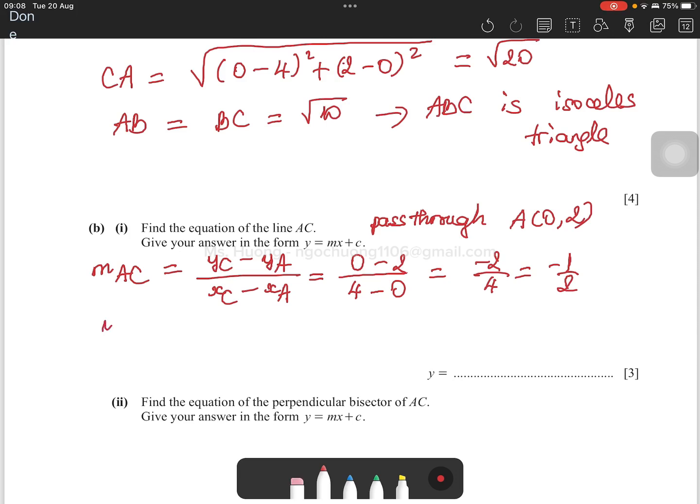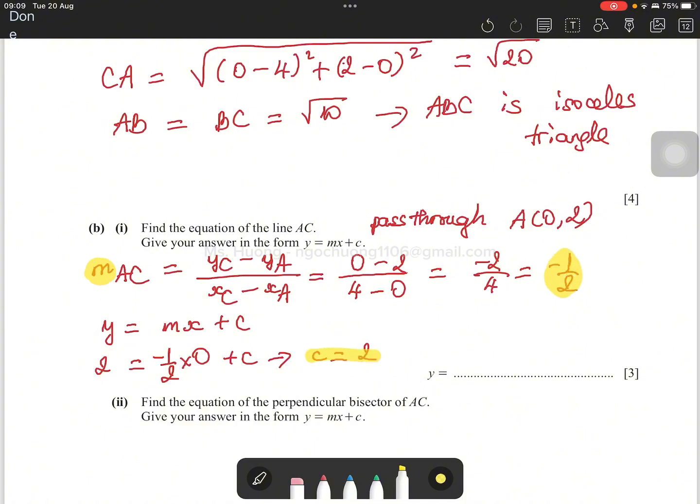Or you can also substitute them into the equation y equals mx plus c, and you see that y is 2, x is 0, m is negative 1/2, plus c. So c is equal to 2. And so we see that the gradient is negative 1/2 and c is 2. So the equation of the line AC is y equals negative 1/2 of x plus 2.